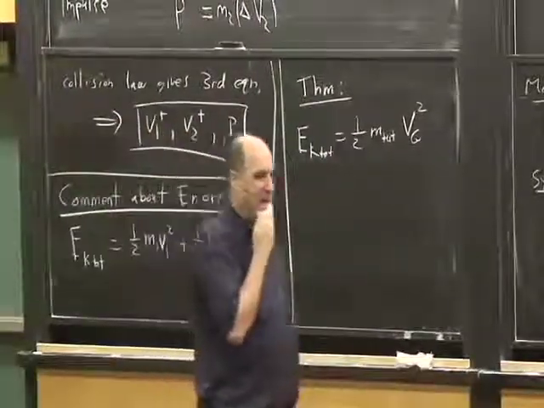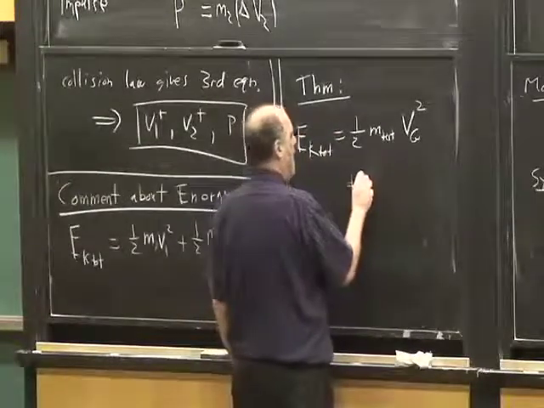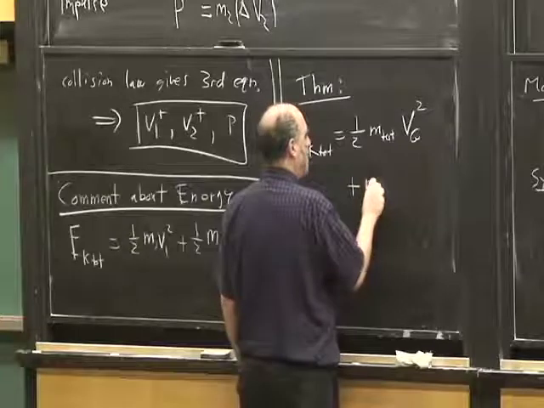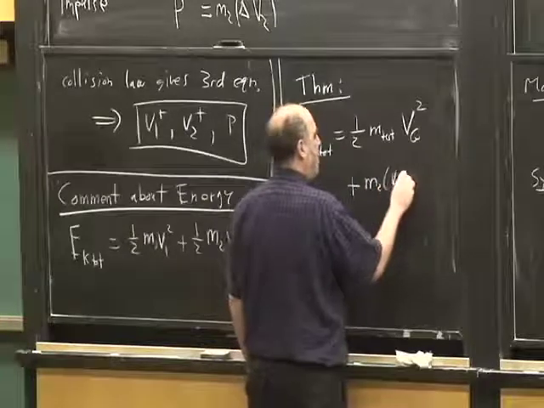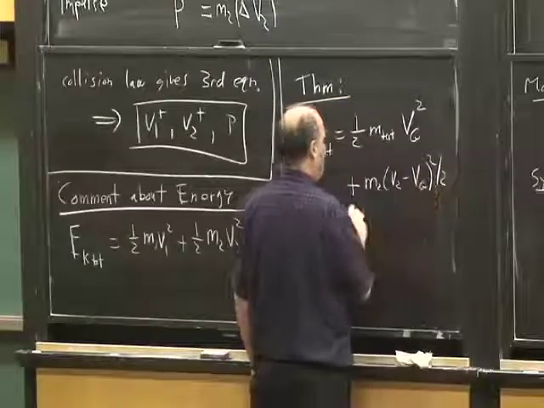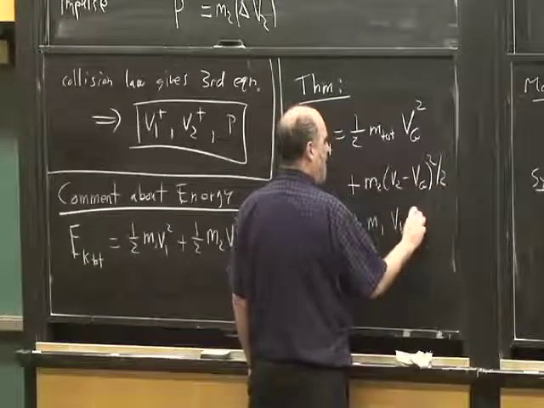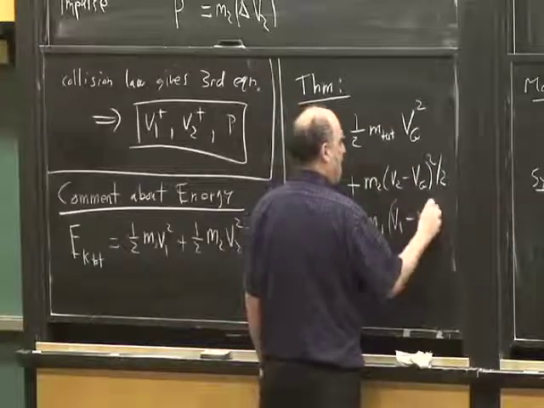Now, is that right? And the answer is no, that's not right. Plus m2 times (v2 minus V_G) squared divided by 2 plus m1 (v1 minus V_G) squared over 2.